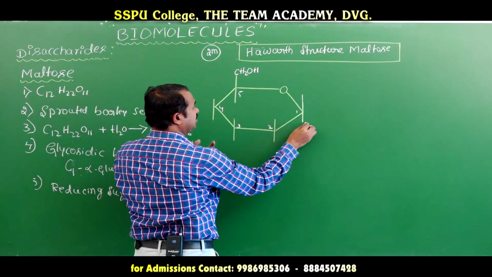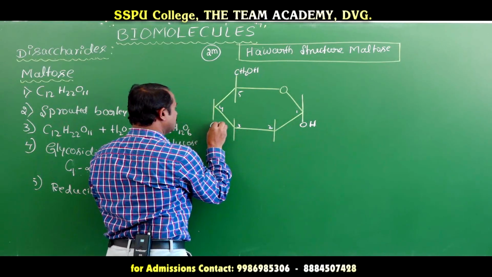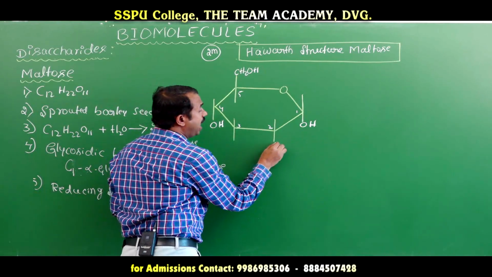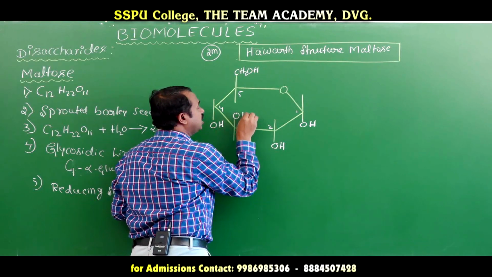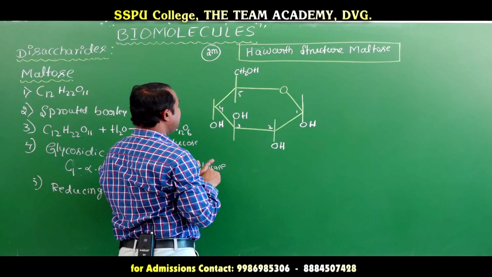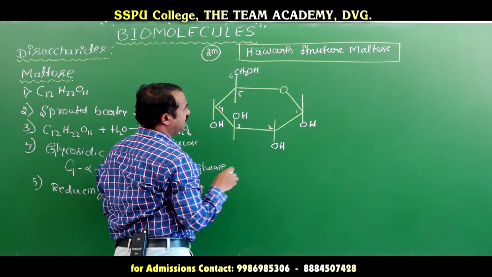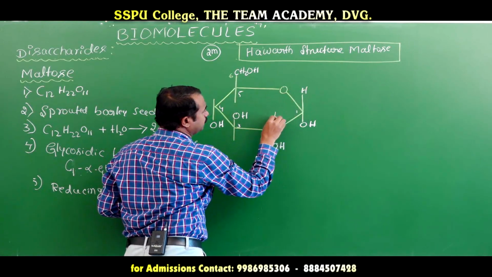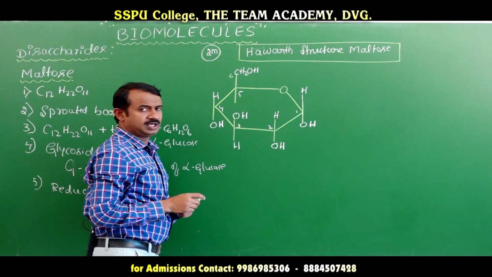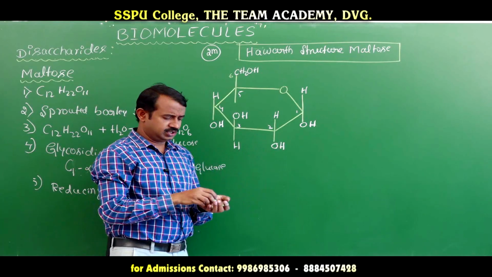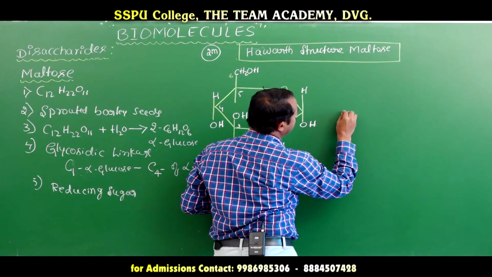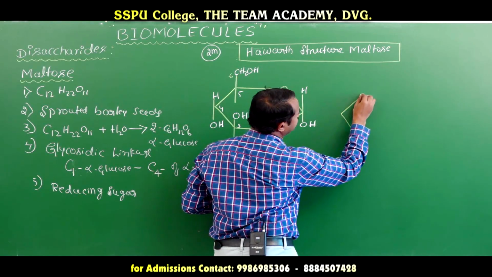Alpha glucose means OH is below, one OH outside and another OH inside. The last carbon is CH2OH, the 6th carbon, and the opposite is all H, H, H, H. This is the glucose. Now write another glucose, again the same alpha glucose.